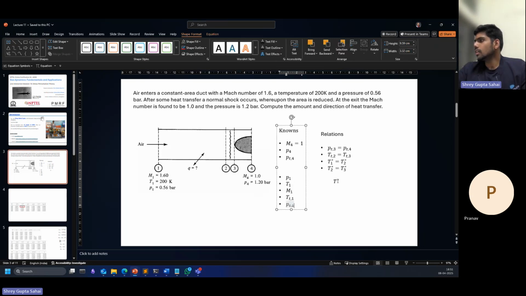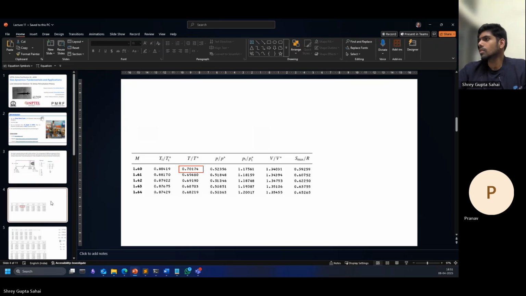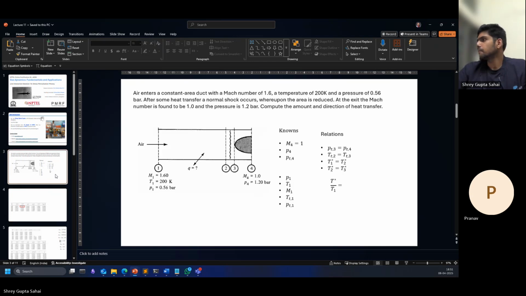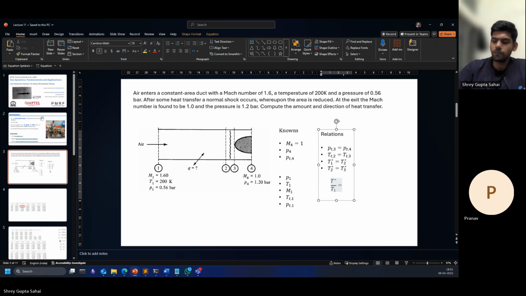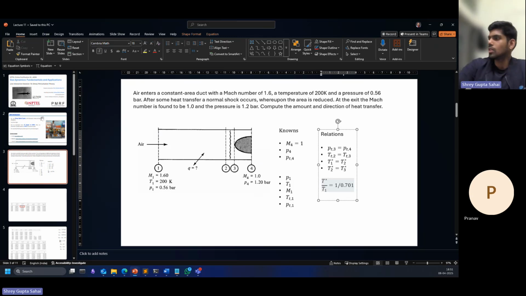So now with this entry, we know T star is T1 divided by 0.7014. Let's calculate that.